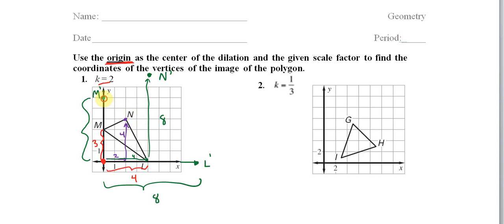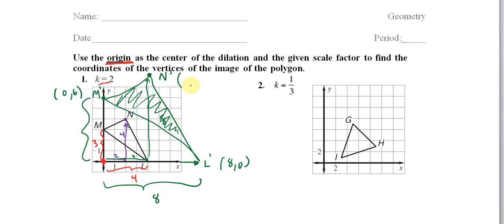So let's make this connection from M prime to L prime to N prime back to M prime again. This is going to be my triangle. And these coordinates are 0, 6, 8, 0, and up here that's going to be 4, 8.